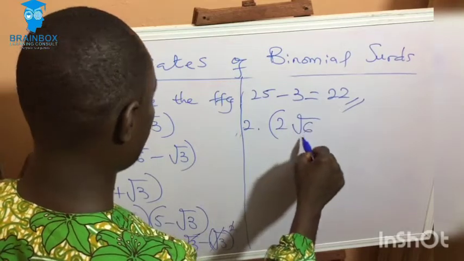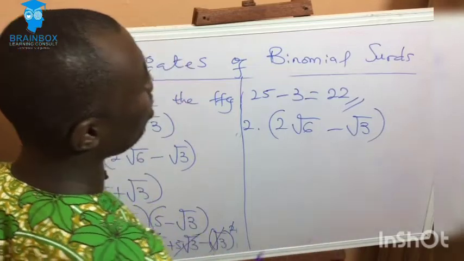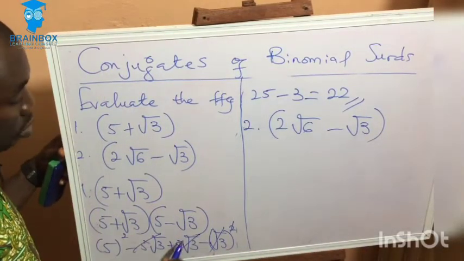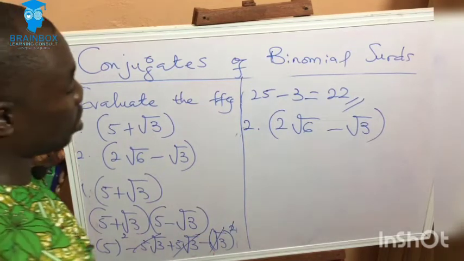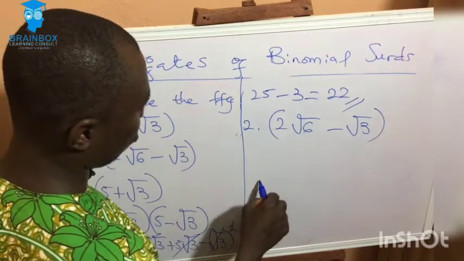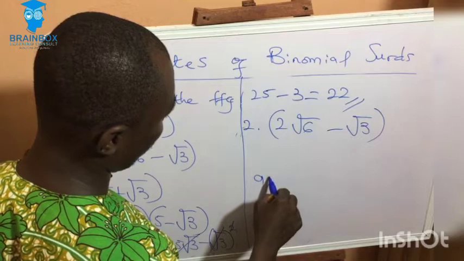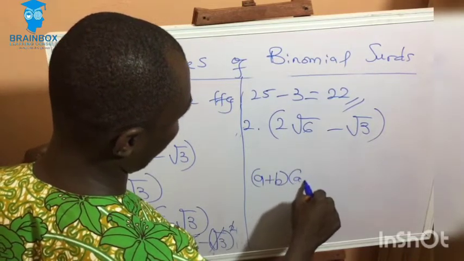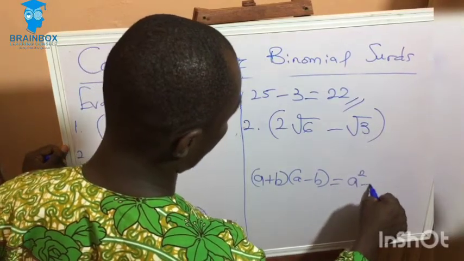2 root 6 minus root 3. So me, I won't bother now at this point to be explaining all this we did in the first example. We just apply the rule, and that's all. You agree with me that in difference of squares, what I told you that when we have something like this, a plus b, a minus b, that will be a squared minus what?